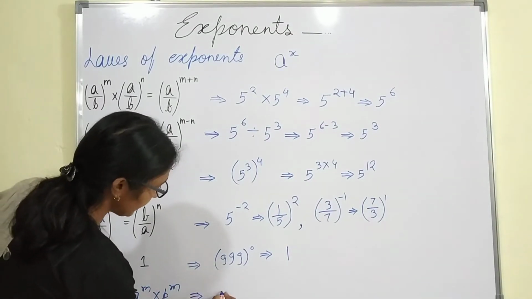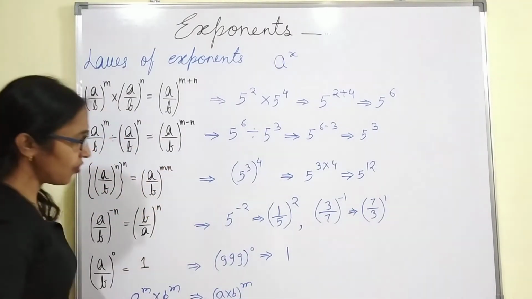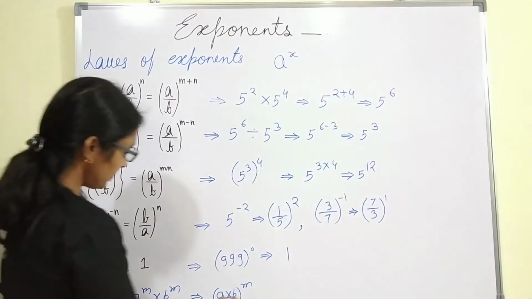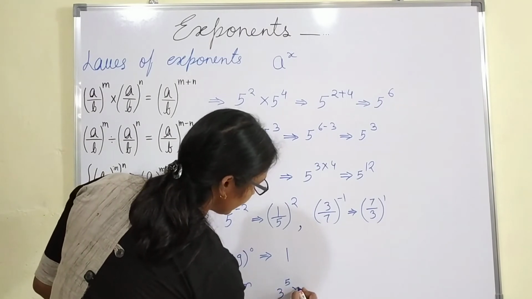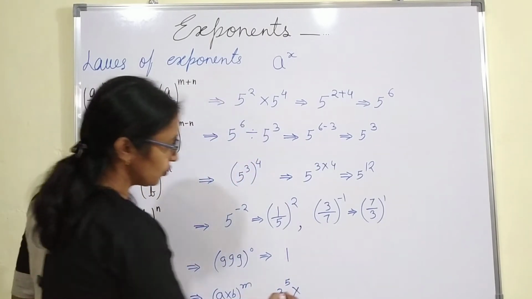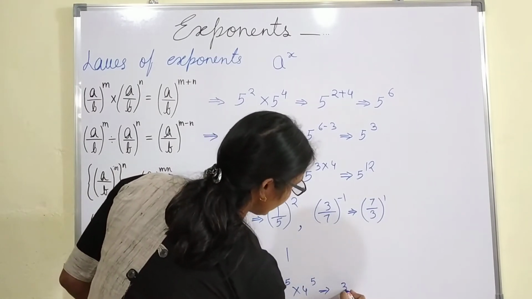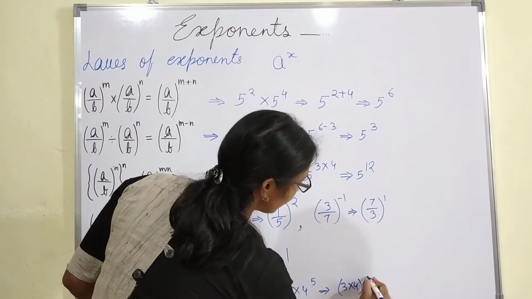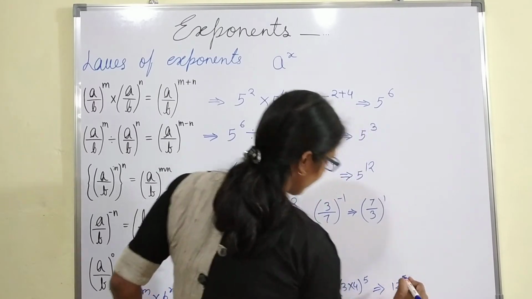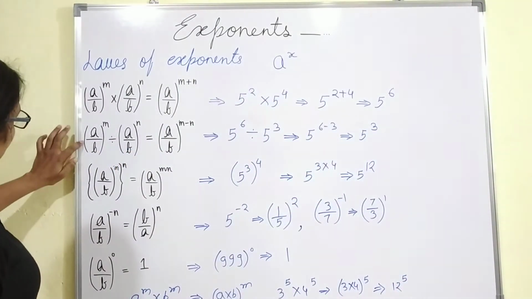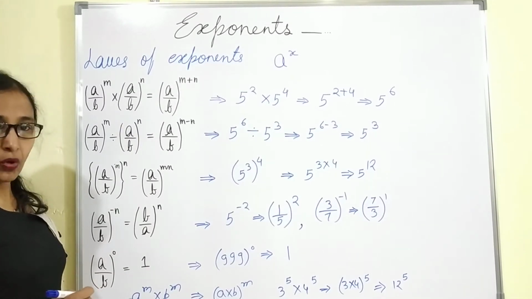So, we will multiply a into b and take the power common. For example, 3 power 5 into 4 power 5. I can write 3 into 4 whole power 5, that is 12 power 5. So, 1, 2, 3, 4, 5, 6. There are 6 laws.